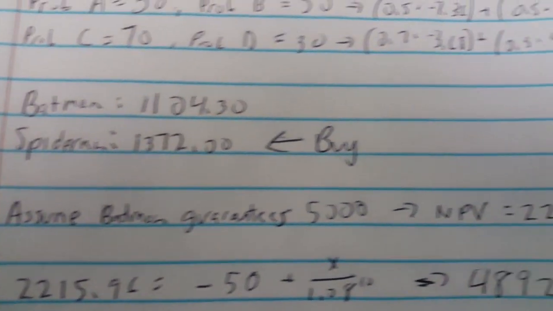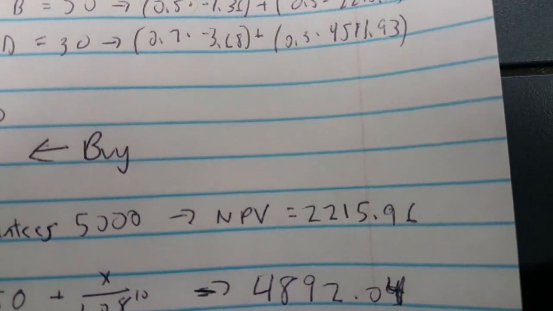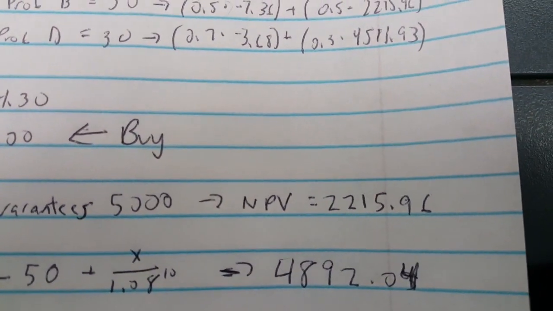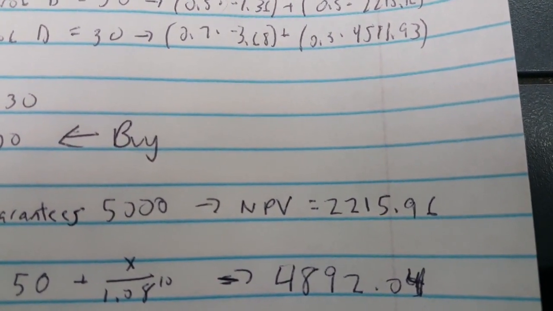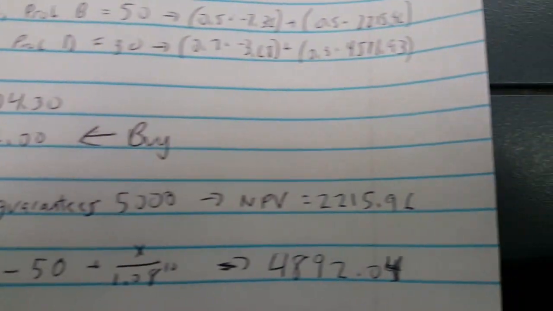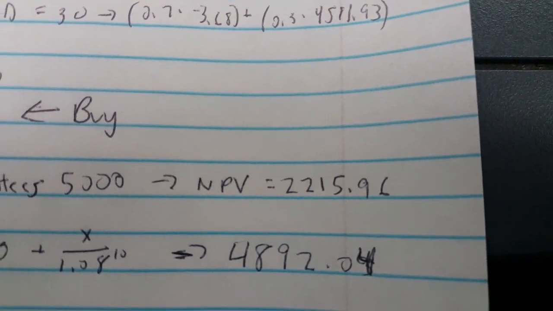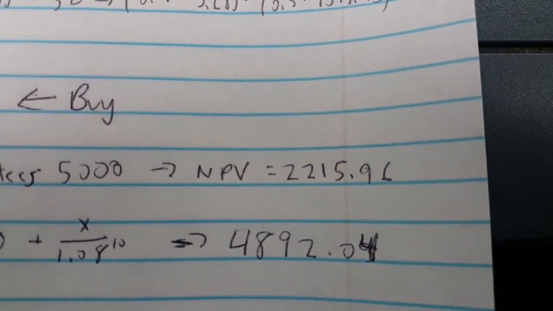And doing the math, it gives us 4,892. So as long as the Spider-Man comic can guarantee us at least $48.92, while Batman guarantees $5,000, we should take Spider-Man for all values greater than $4,892.04.